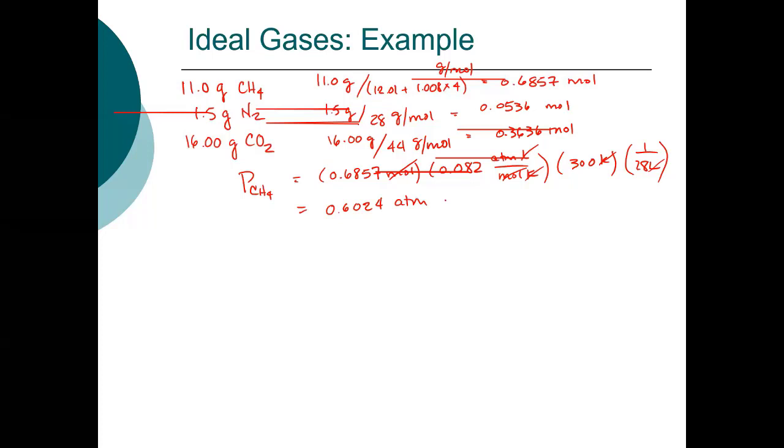And I can convert that to kilopascals if I wish. 1 atmosphere is equal to 101.325 kilopascals. Do the same for nitrogen.